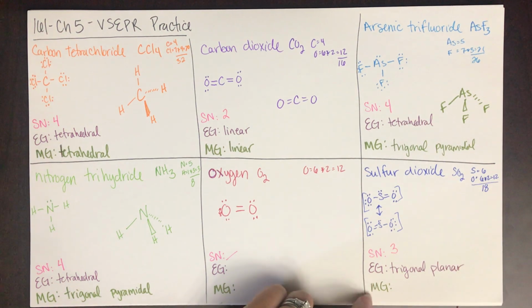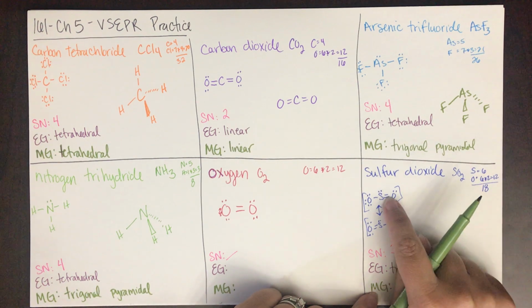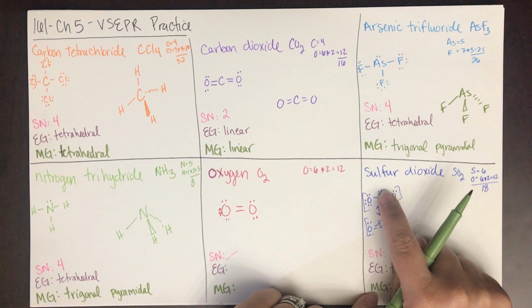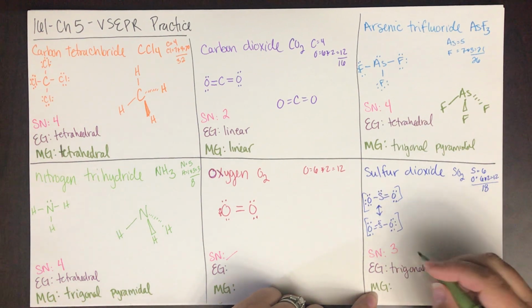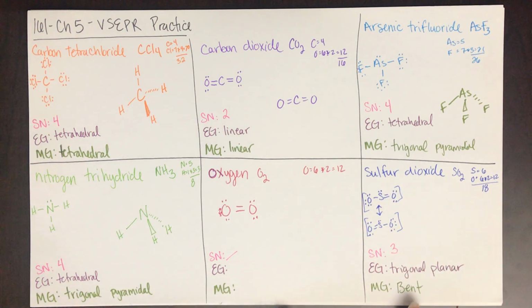And the molecular geometry for something with 3 regions of electrons where 2 regions are bonds and 1 region is a lone pair is called bent. It has the same name as water, where we had 4 regions of electrons, 2 with lone pairs and 2 with bonds.